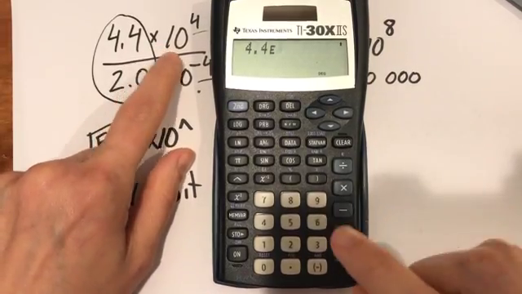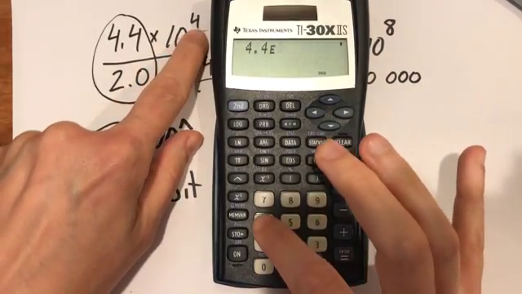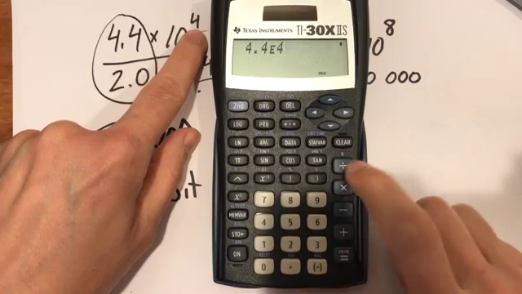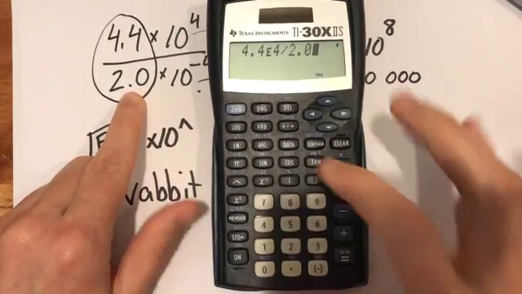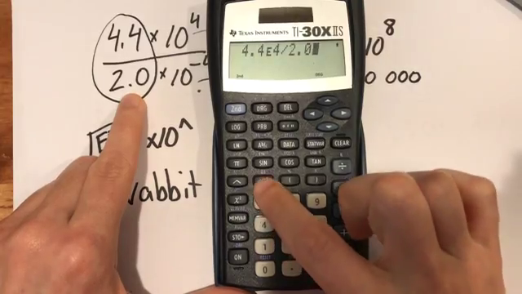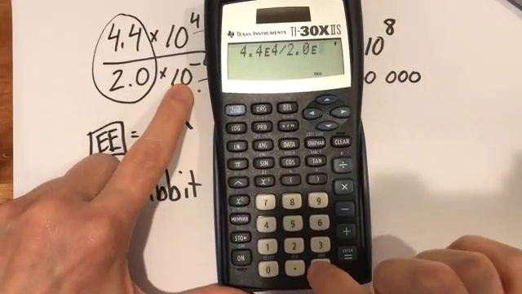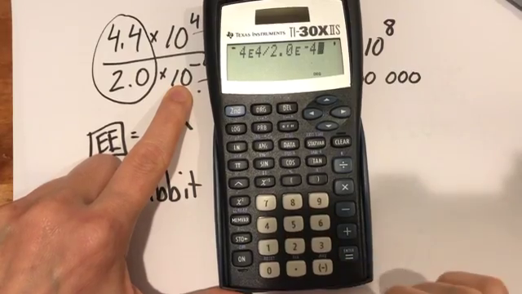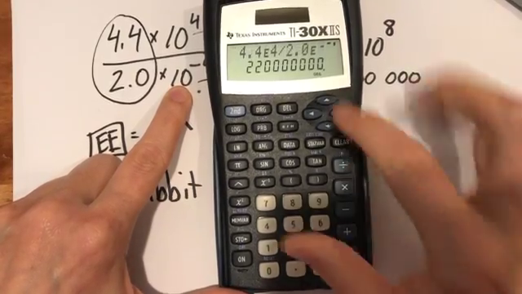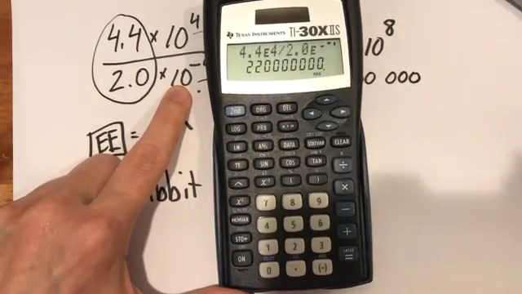The E stands for the times 10 to the, and then I do the exponent of 4, and I divide by 2.0, second function, button above the 7, negative 4. So you enter the negative button down here before the exponent value, equals, and then that's my same number.